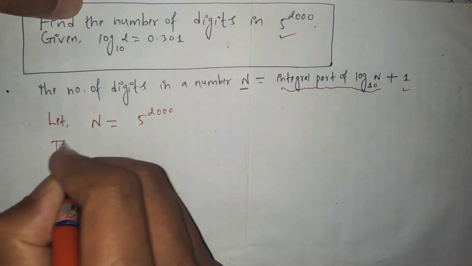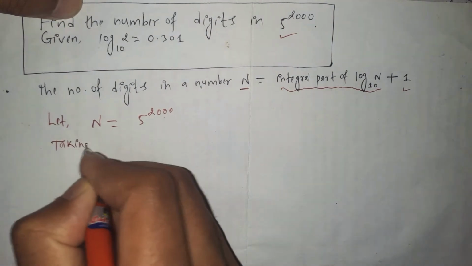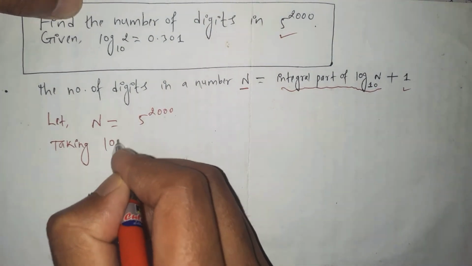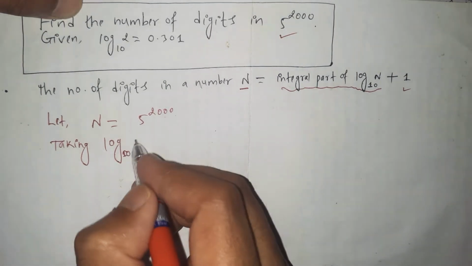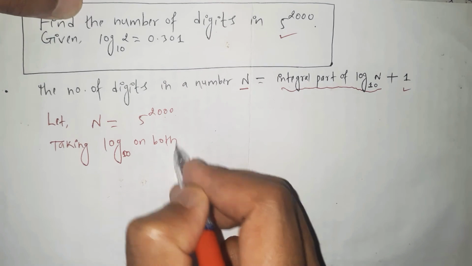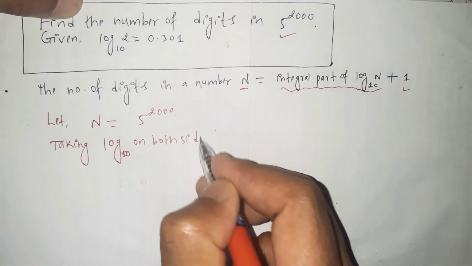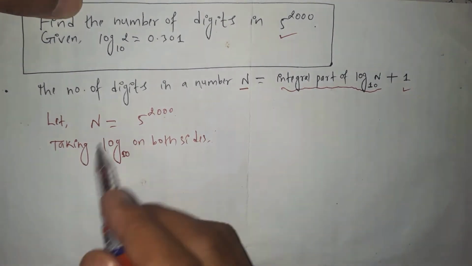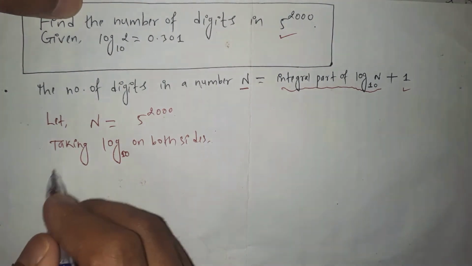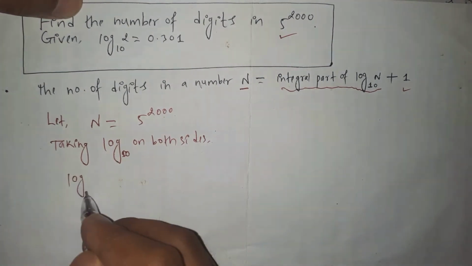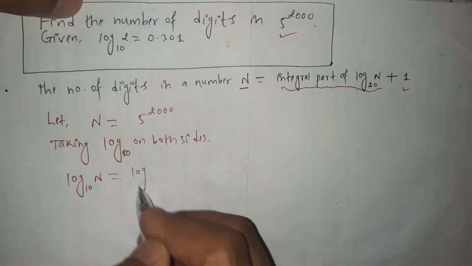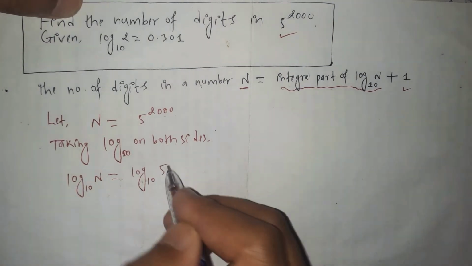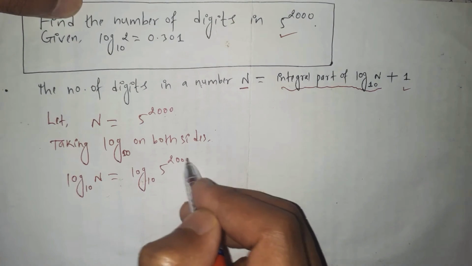So taking common log with base 10 on both sides. Here we are going to take the common log on both sides. Then our expression will be log with base 10 of n is equal to log with base 10 of the number 5 raised to 2000.